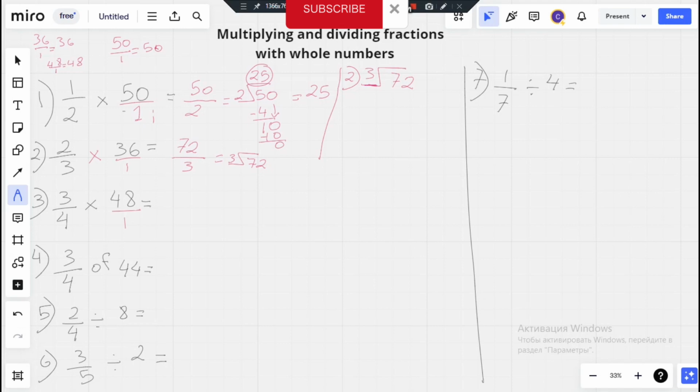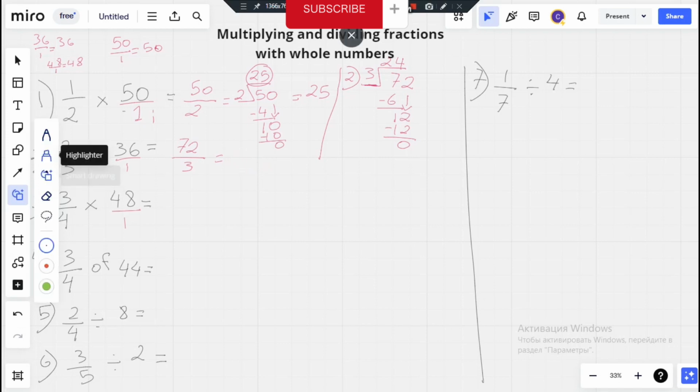How many 3's can you put in 7? 2. 2 times 3 is 6. That's 1. Bring down the 2. How many 3's can you put in 12? 4. 4 times 3 is 12. So that will give you 0. And the answer is 24.